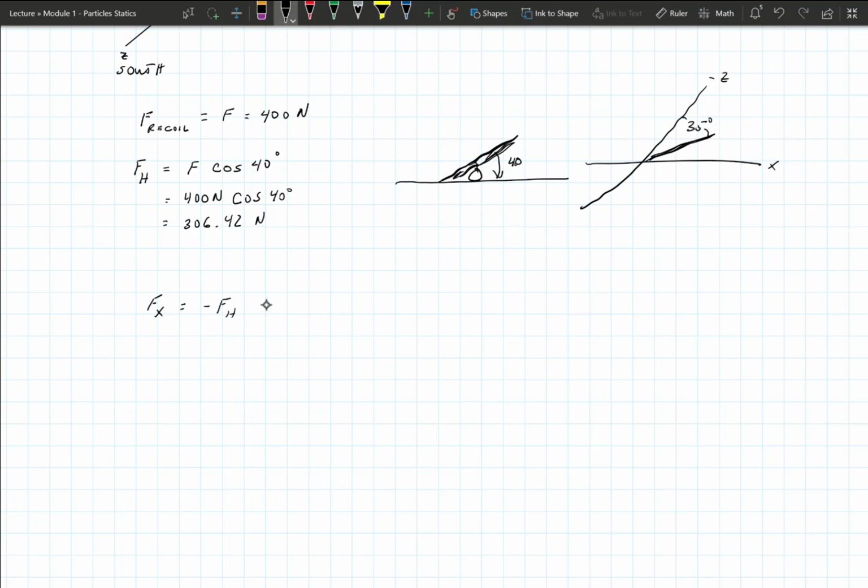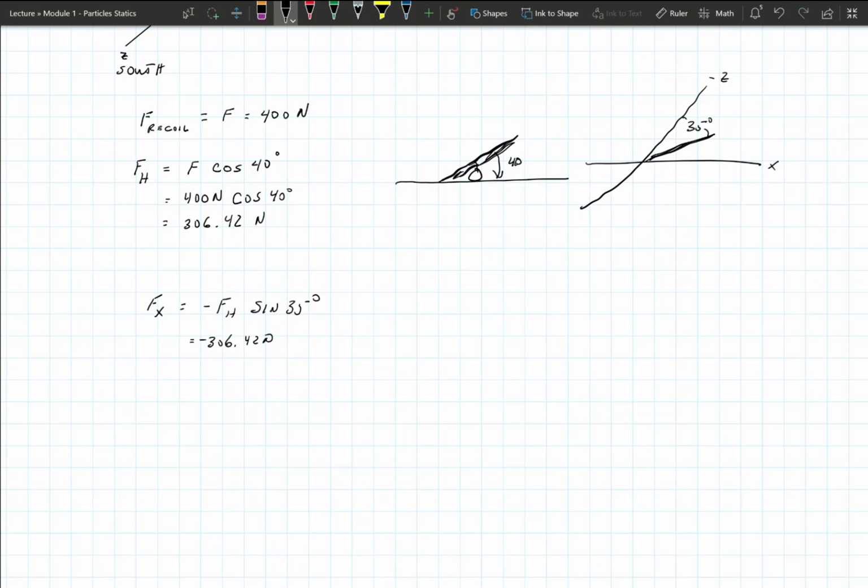And I want to use the sine of 35 degrees, because we're looking at the adjacent angle here, or the opposite side of this thing. Okay, and we're going to be plugging in negative 306.42 newtons.